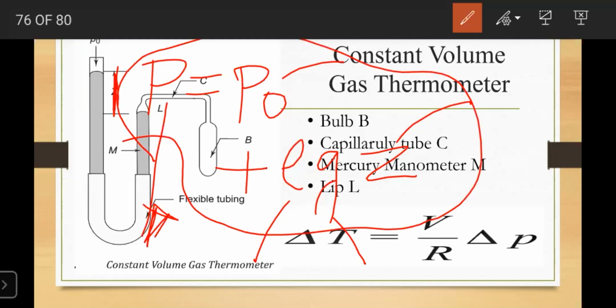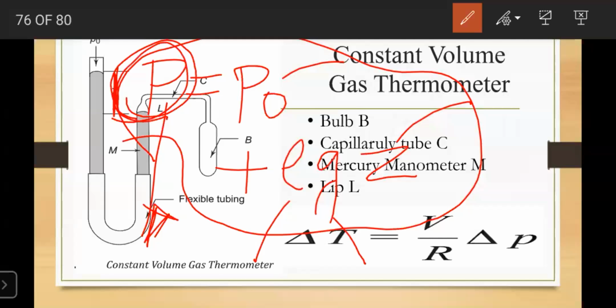How can you say this P is the absolute pressure? Can you say gauge pressure or absolute pressure? Which one is correct? Absolute pressure. Yes, correct. This is an absolute pressure.